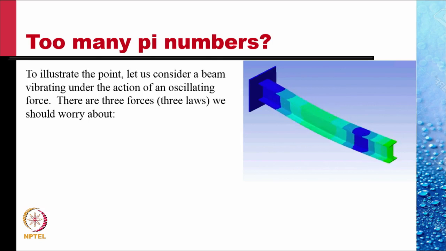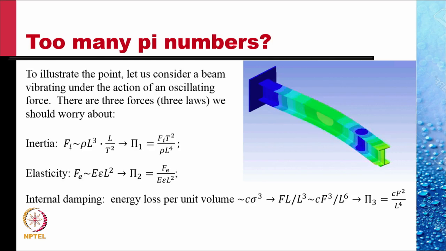To illustrate the point, let us consider a beam vibrating under the action of an oscillating force. There are three forces, basically three laws that we should worry about. The law of inertia.